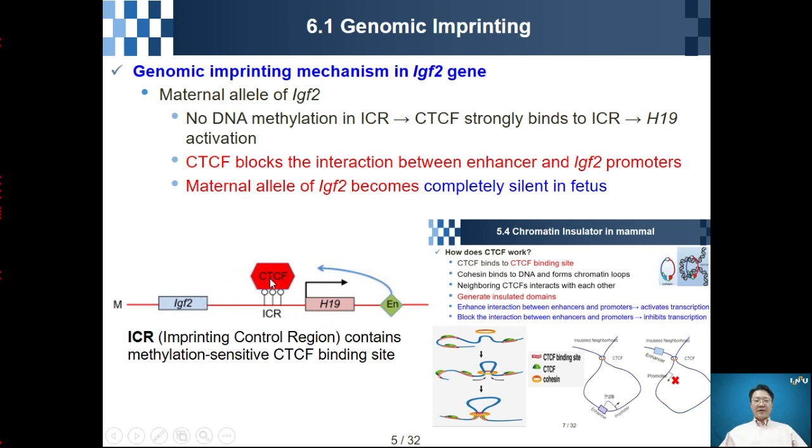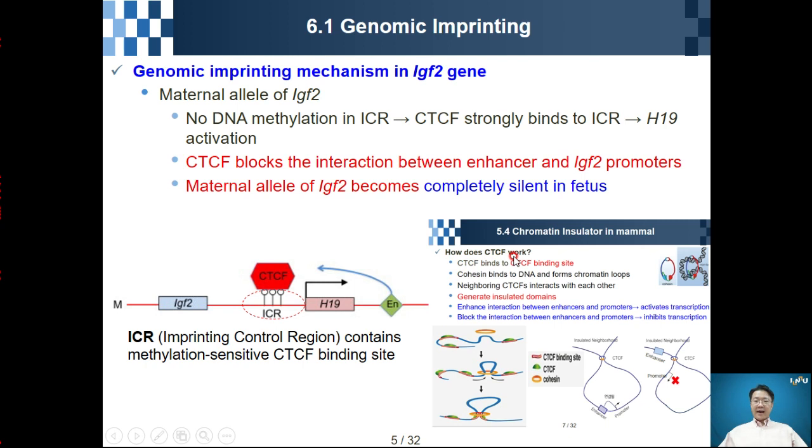Between IGF2 and H19, there is an ICR. ICR is the imprinting control region. The imprinting control region contains a methylation-sensitive CTCF binding site. In chapter 5, we learned what CTCF is.